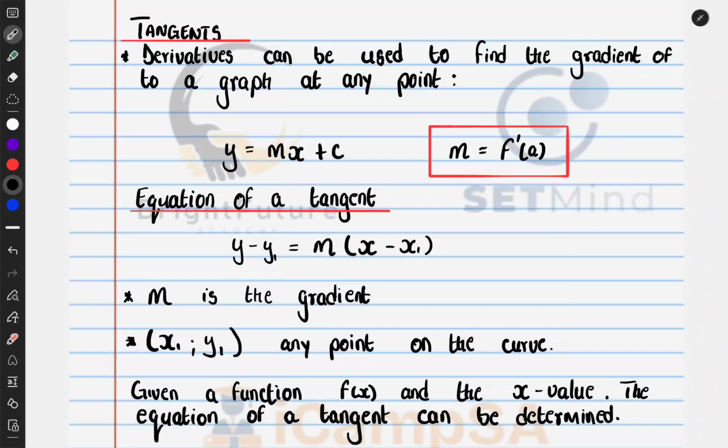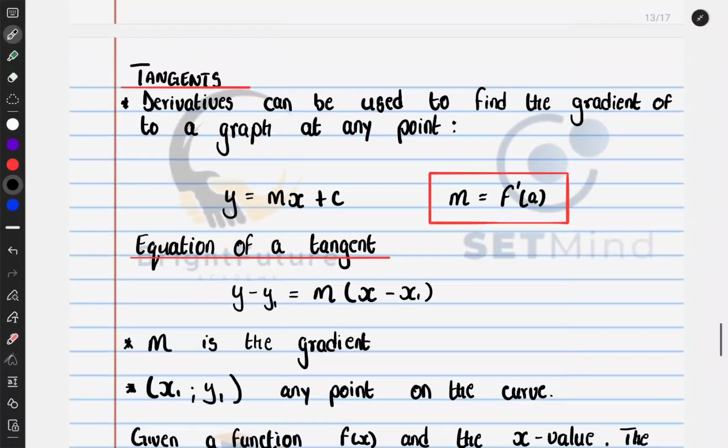So derivatives can be used to find the gradient of a graph at any point.